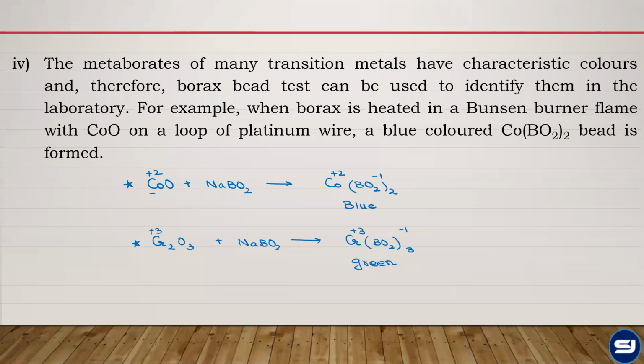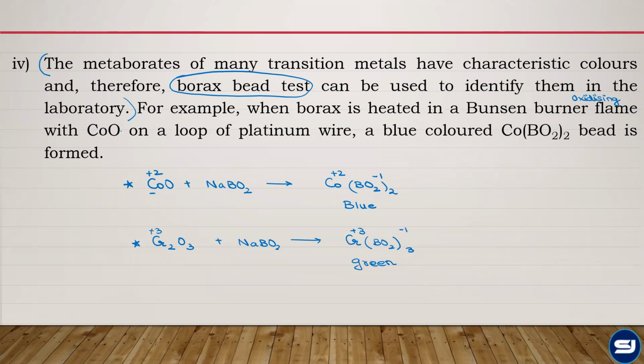So let's see the statement. The metaborates of many transition metals have characteristic colors, and therefore the borax bead test can be used to identify them in the laboratory. For example, when borax is heated in a Bunsen burner flame, और ये flame again oxidizing flame होता है, which is the hottest part of the flame because it is burnt in the unlimited supply of oxygen.